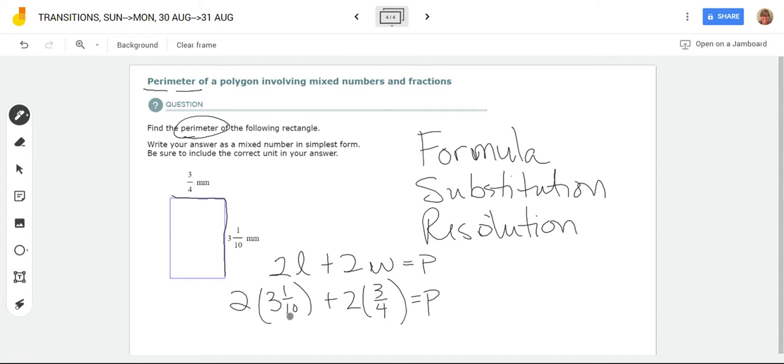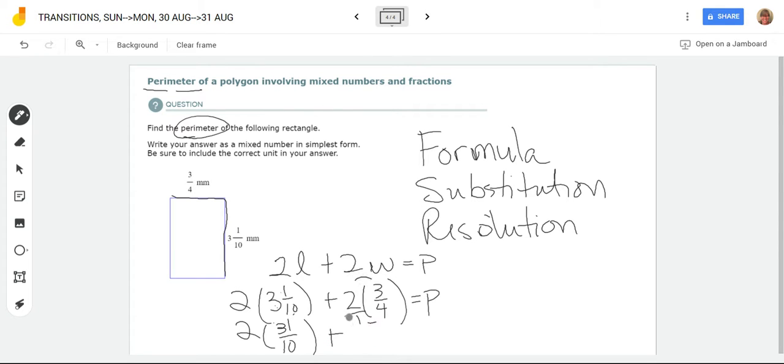Okay, you need to change this to a simple fraction or an improper fraction, I guess you'd call it. You go 10 times 3 is 30, 30 plus 1 is 31. And then this one is 2 over 1.